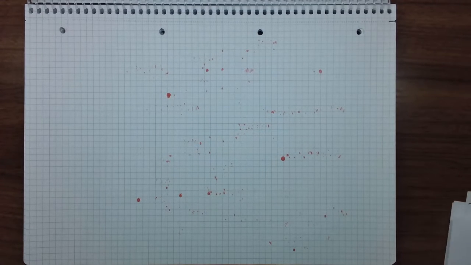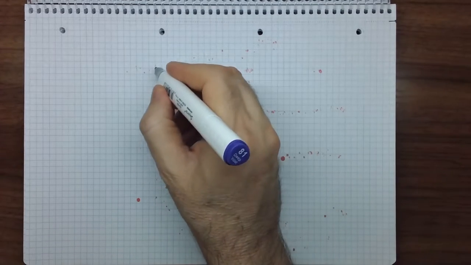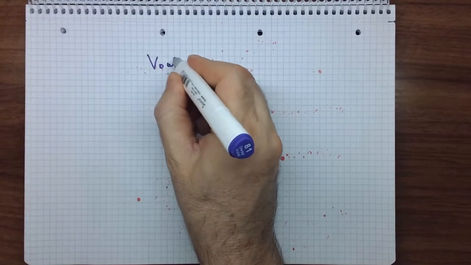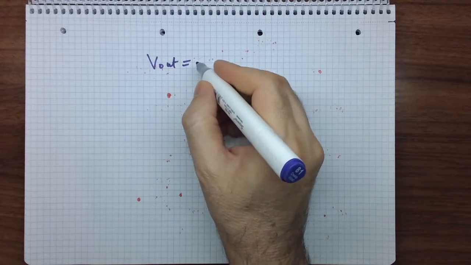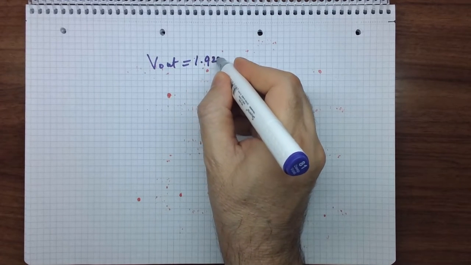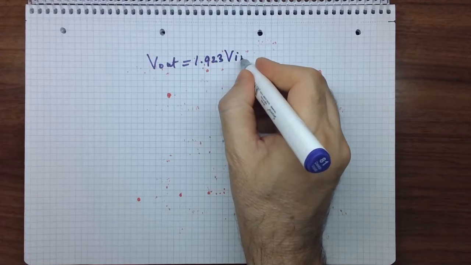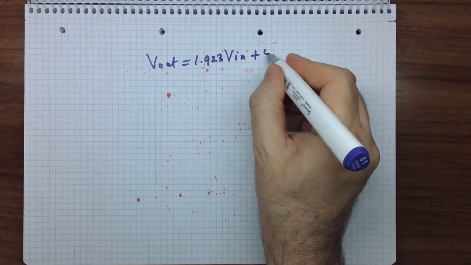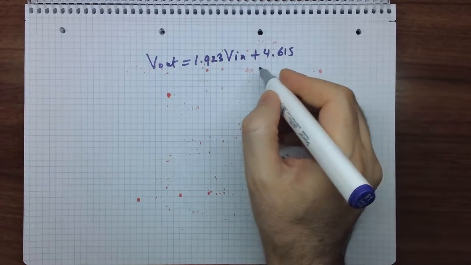We can use a differential amplifier. In this case, we will use the same equation. V out is equal to 1.923 Vn plus 4.615.